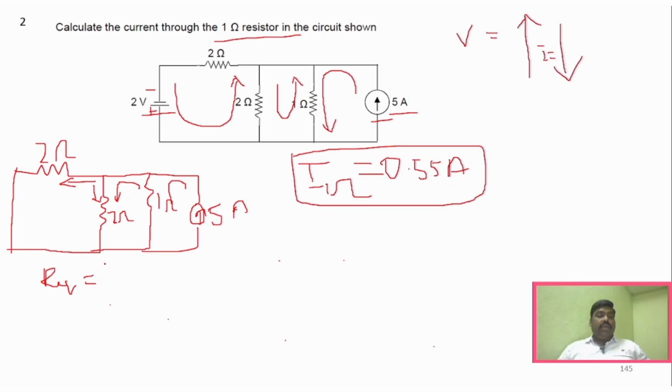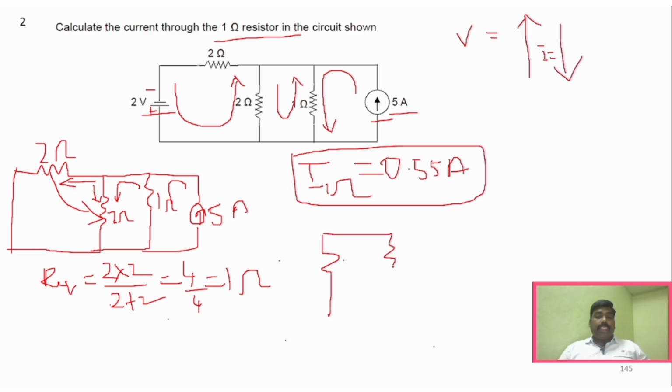It will be 2 into 2 divided by 2 plus 2, which is 4 divided by 4, so it will be 1 ohm. So these two resistors can now be simplified as 1 ohm. So how will I redraw this circuit? It will be 1 ohm, and this 1 ohm, and this current source.